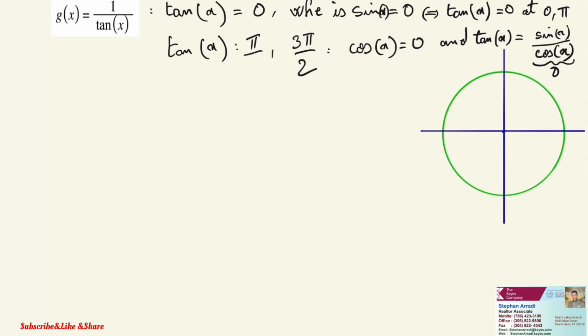So we have here 0, pi over 2, pi, and 3 pi over 2. We see that this function is restricted here, shouldn't be equal to this, and shouldn't be equal to this, and shouldn't be equal to this, and shouldn't be equal to this. That's the restriction. So what does it mean?